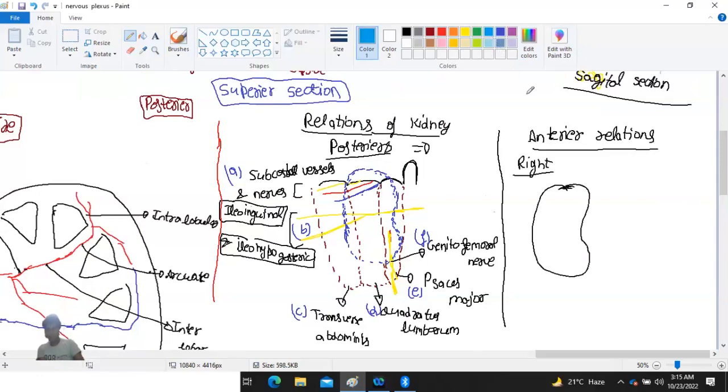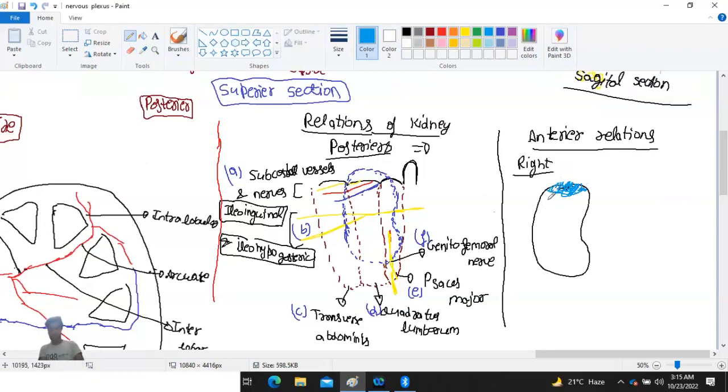Then here above we know the impression for which gland? Suprarenal gland basically. This is the impression for suprarenal.